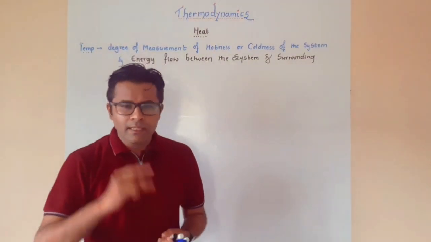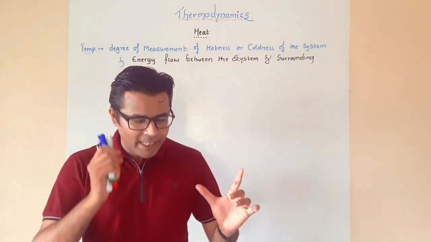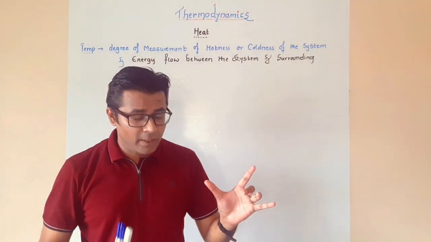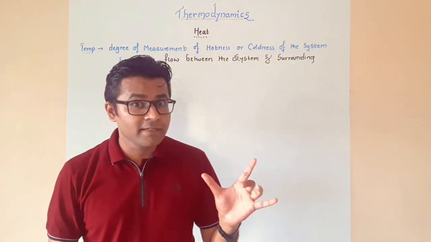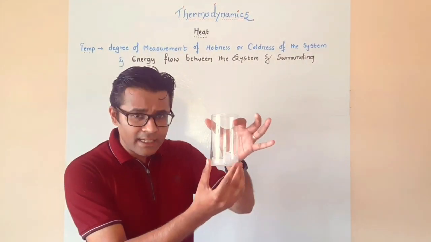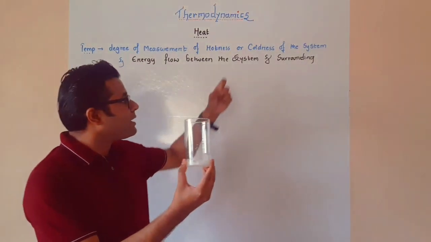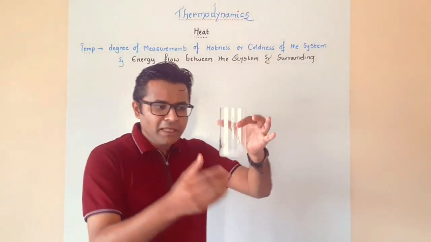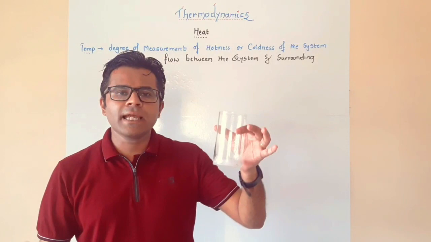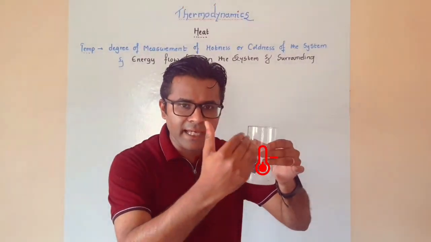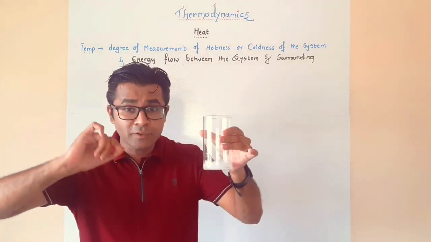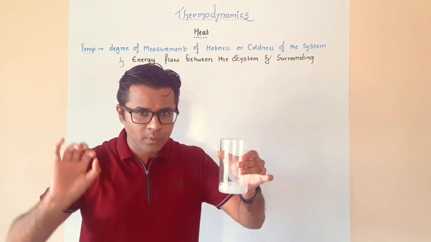Right? Now, for example, let us consider that we have a particular glass containing ice. If we do have that, we'll understand it in a much better way. Let us say this is a particular glass. A glass is nothing more than our system. As this glass contains a certain amount of ice cubes, what generally happens? The temperature inside the glass, this system, is lower than the temperature surrounding it.